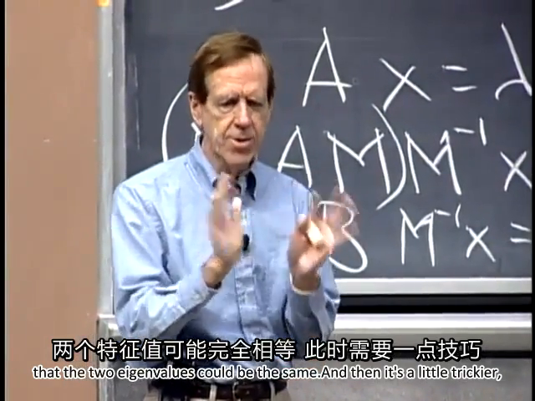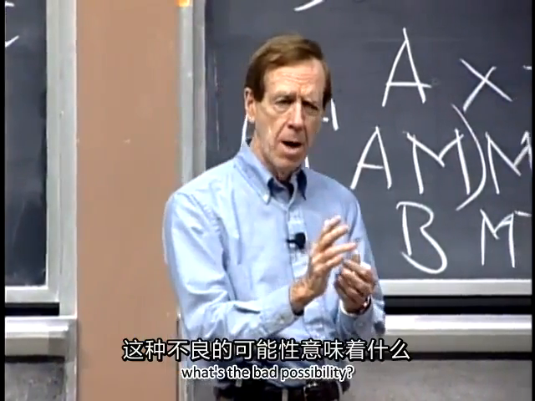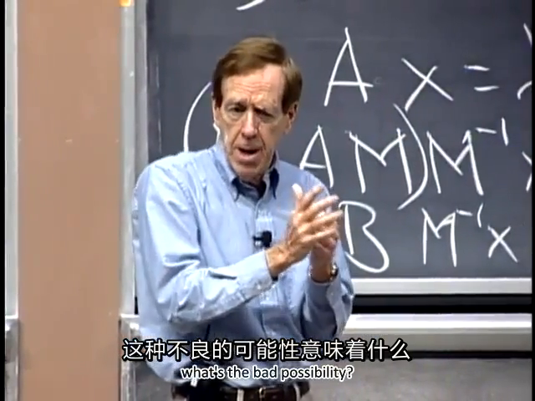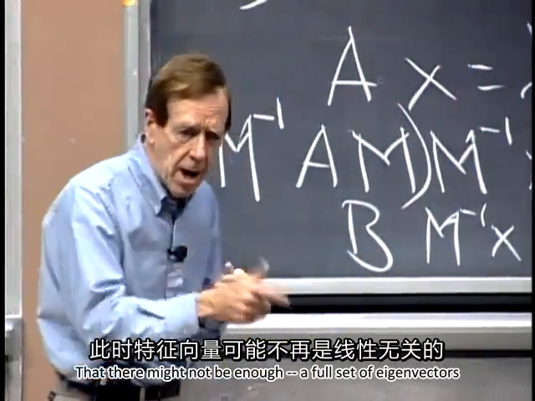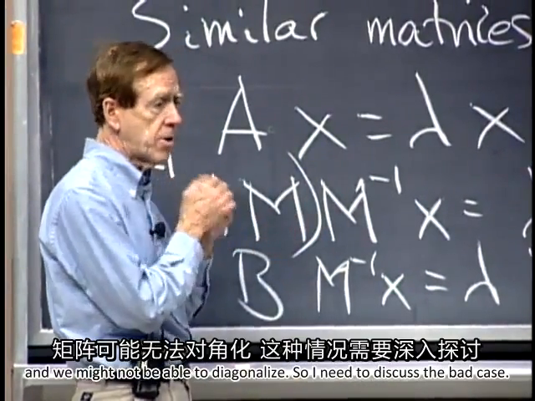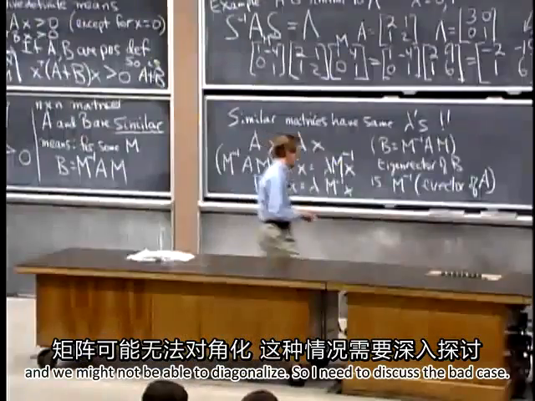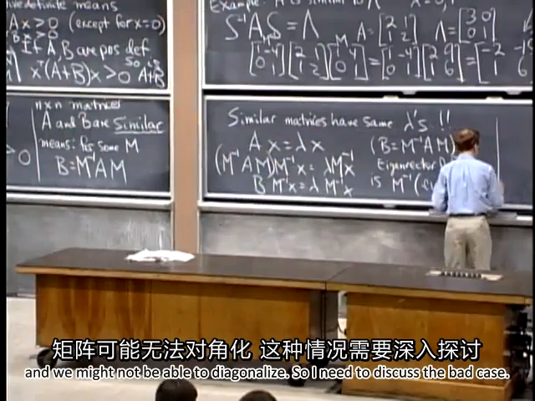And then it's a little trickier, because you remember, when two eigenvalues are the same, what's the bad possibility? That there might not be a full set of eigenvectors, and we might not be able to diagonalize. So I need to discuss the bad case.